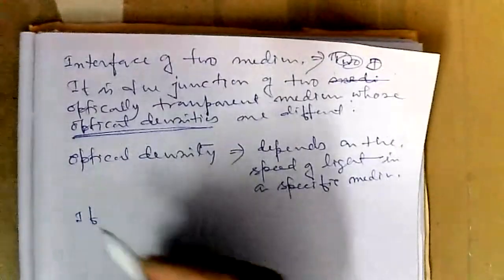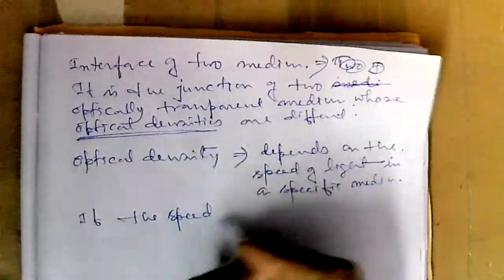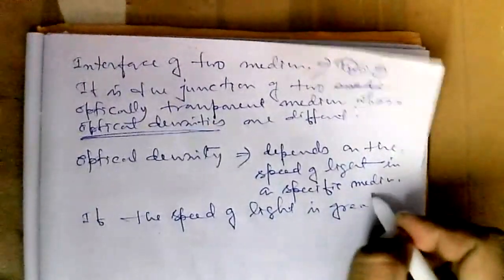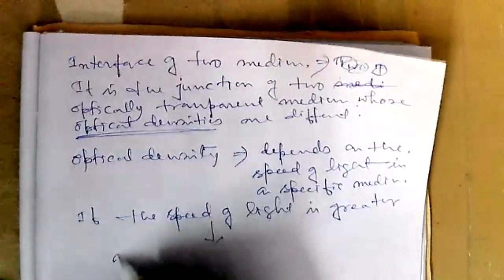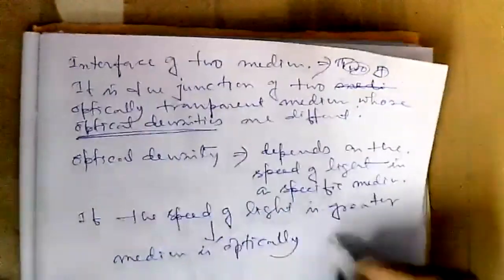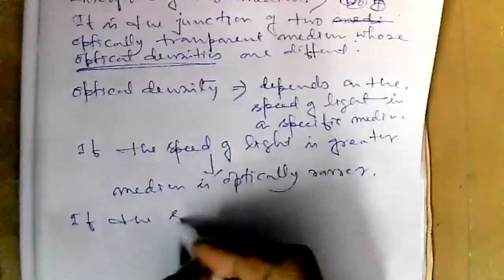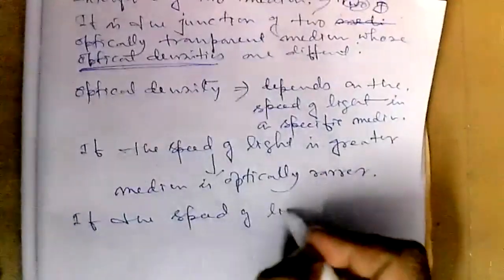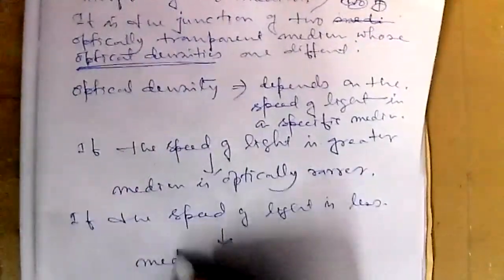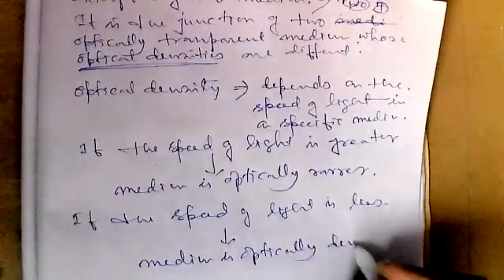Now, if the speed of light is greater, then the medium is optically rarer. On the other hand, if the speed of light is less, the medium is optically denser.